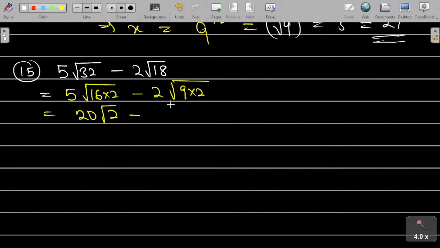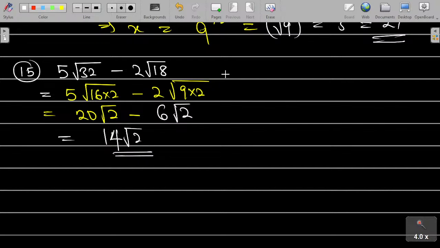The square root of 9 is 3, 3 times 2 is 6. So we have 6 root 2. So this is now similar. Similar surds is just when you have two or more surds that have the same irrational part. So 20 minus 6 is going to be 14 root 2, and that is the value for number 15.